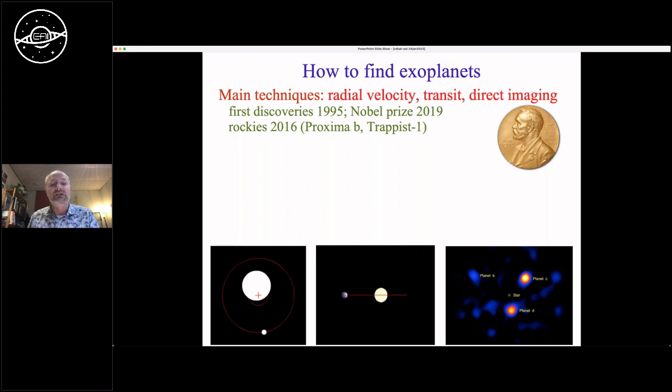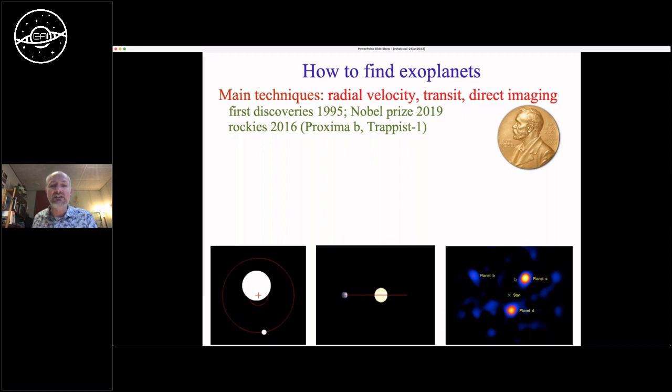This is how these days most of the exoplanets are found, and in particular how small exoplanets are found very effectively. Famous examples include Proxima b, the planet around our nearest neighbor star, and also the 7-planet system around the TRAPPIST-1 star.